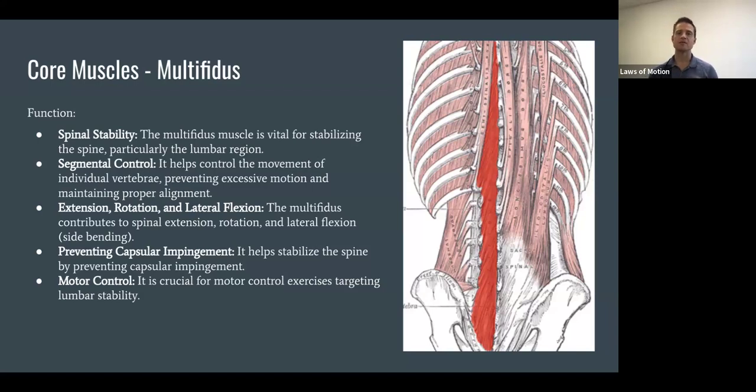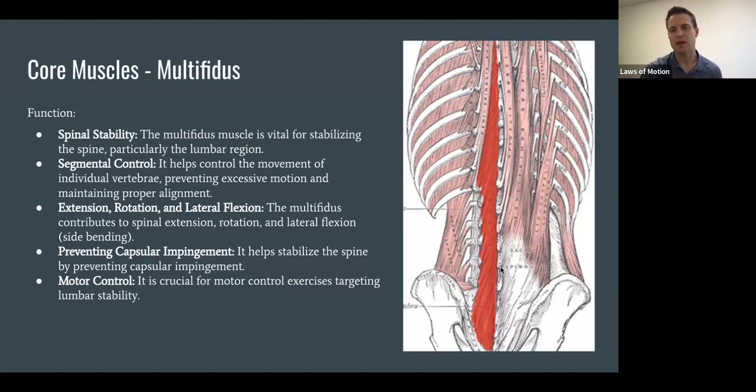But the main thing here is the segmental control. It helps with the capsules and the joints in the spine, so it keeps them from getting impinged or pinched upon each other. And then it helps with some motor control. So when we talk about our core firing, these muscles should fire briefly before we do any type of movement. We'll get into that in just a little bit.